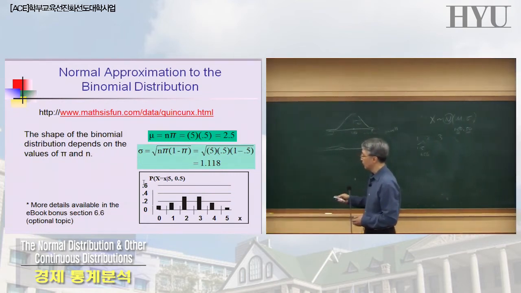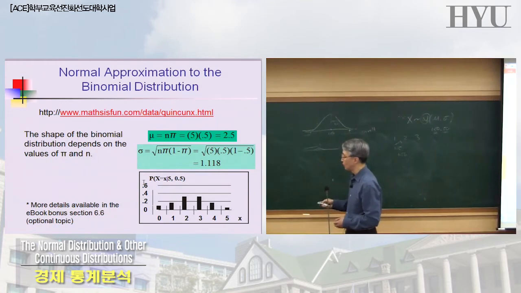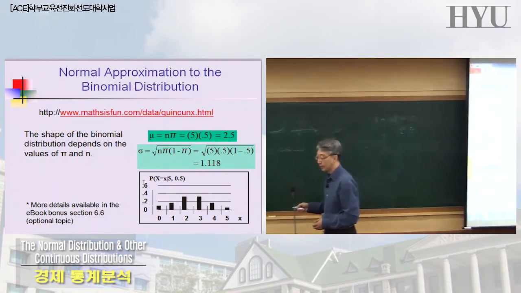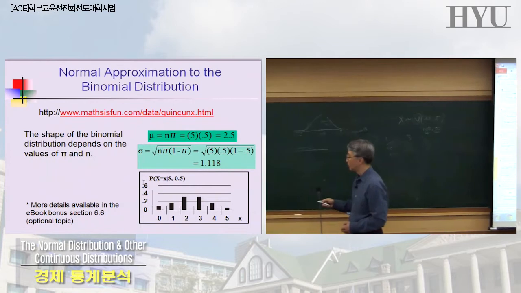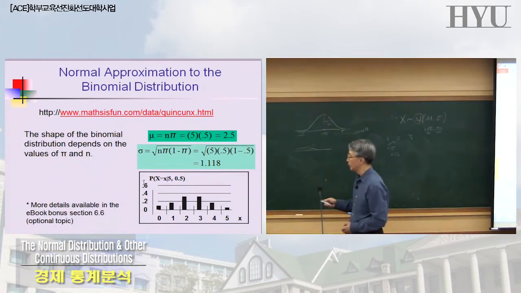This is from the slide from the previous chapter when we were dealing with the binomial distribution, okay? The actual distribution of a binomial random variable depends on n and pi, okay? So depending on n, the number of trials, and the probability of success, in this particular case, the mean value would be 2.5, and the standard deviation would come out to be 1.118.